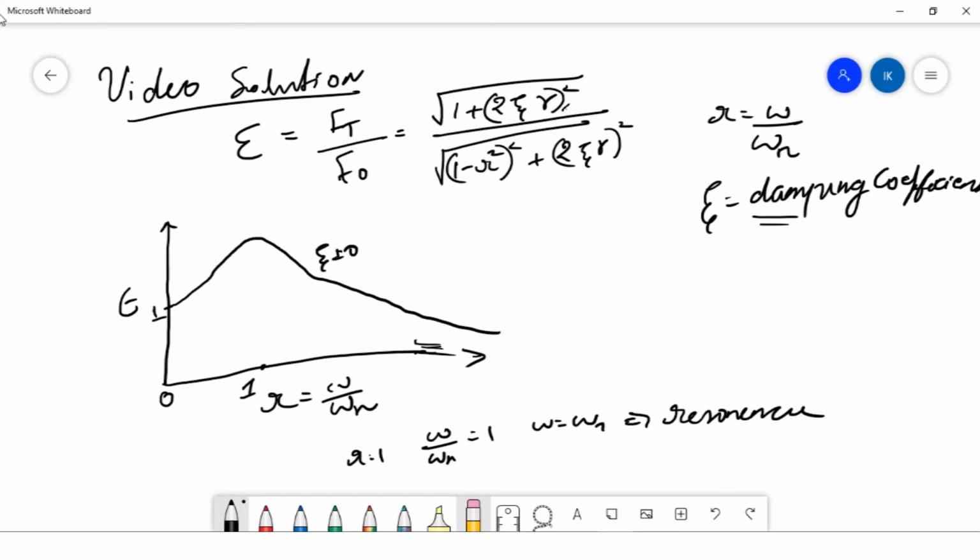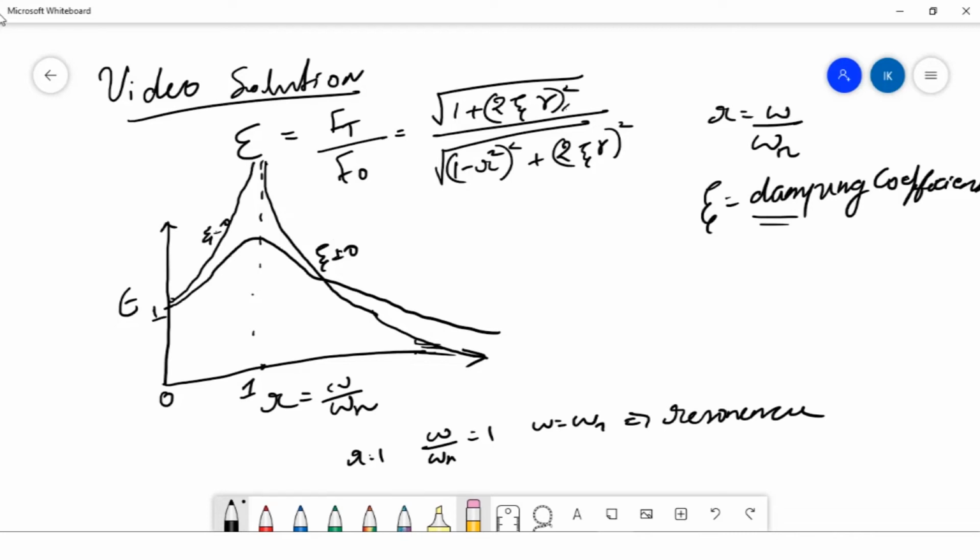If zeta is 0, the undamped case, the curve will go to infinity, and then it reaches 0 quickly.